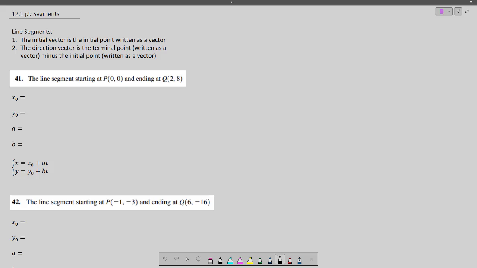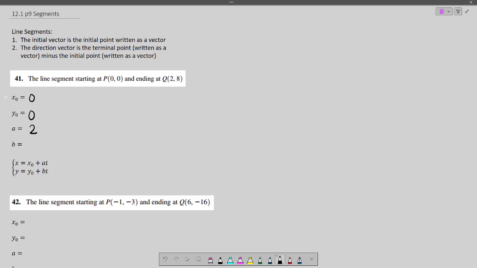And it says starting at this point. So that's going to be our x naught, y naught, wherever we're starting at. And then A is going to be the distance to get to the terminal x value. The terminal x value is 2, so A is going to be 2.